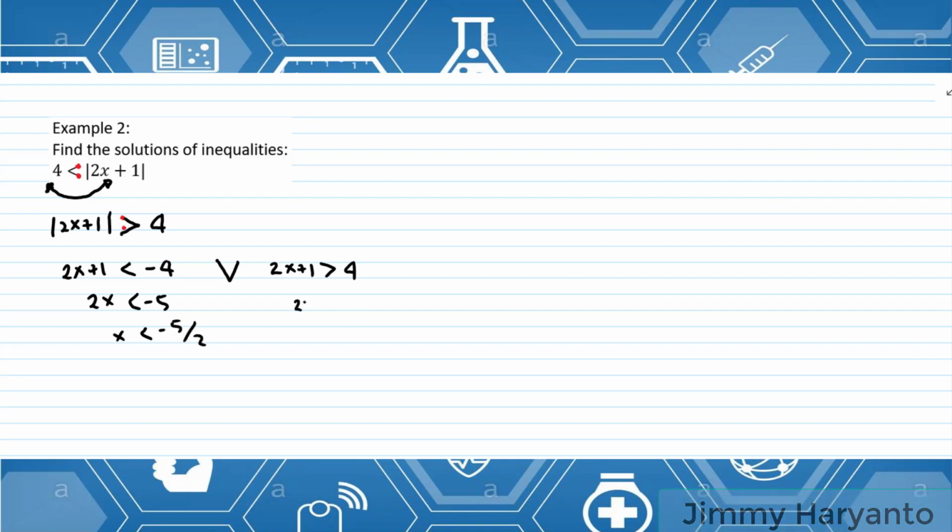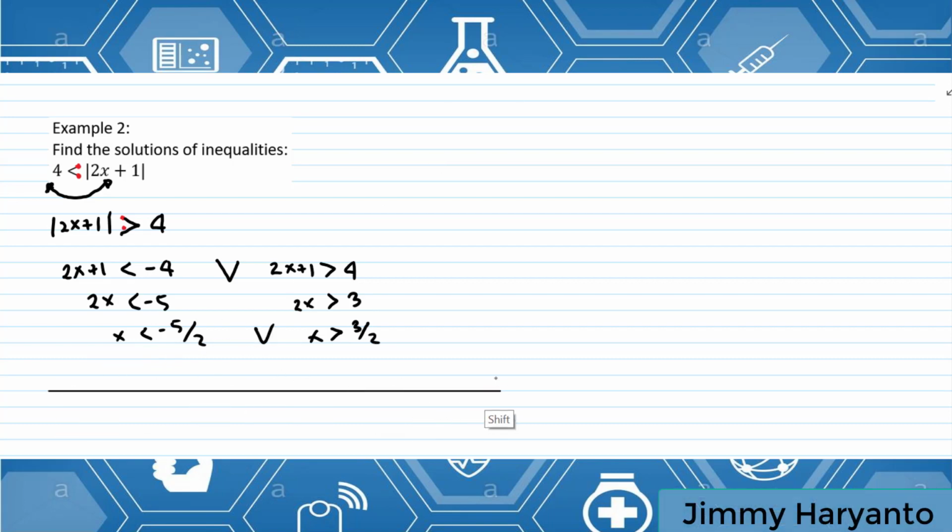For this one I have 2x greater than 4 minus 1, which is 3, so x greater than 3 over 2. That's it. This is the solution. The number line will have negative 5 over 2, and then 3 over 2. There is an or, so the shapes will be like this. Okay, that is example 2.